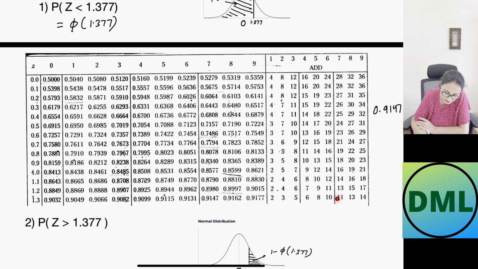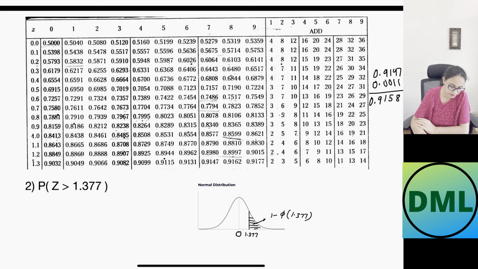The value is here, it is 11. Let's add it here. That will be 0.0011. If you add it, 7 plus 1 is 8, 4 plus 1 is 5, 1 plus 0 is 1, 9 plus 0 is 9 and 0. 0.9158 is my answer. Let's write down the answer here, 0.9158.